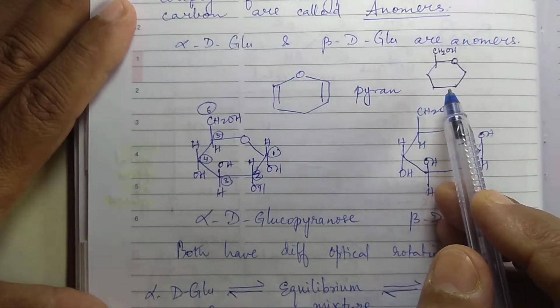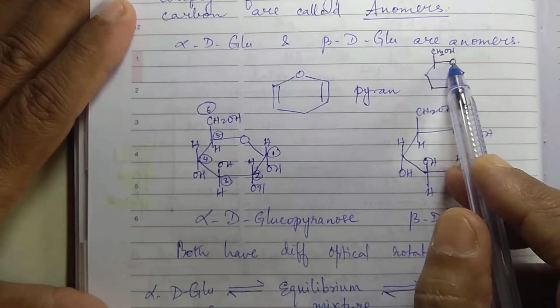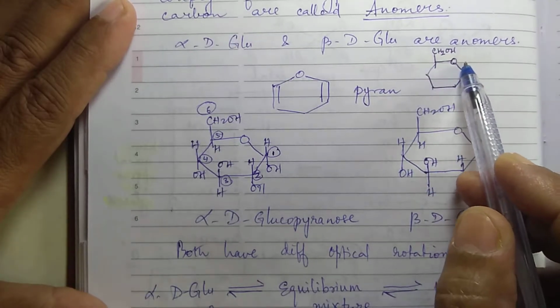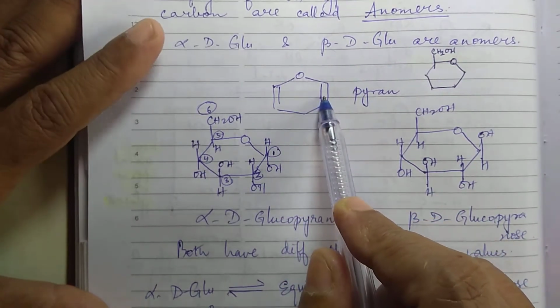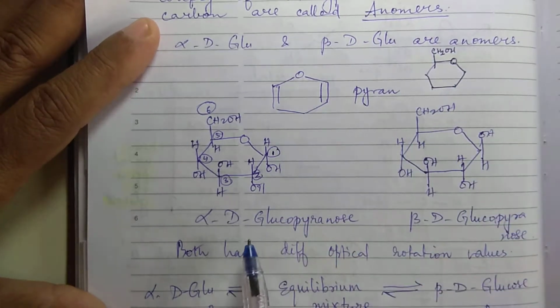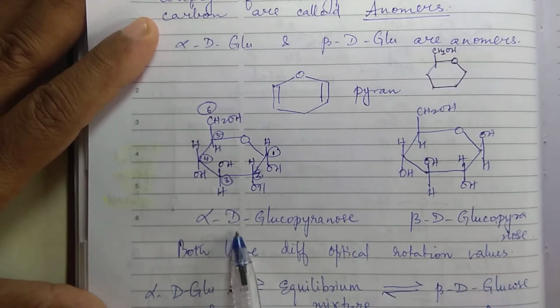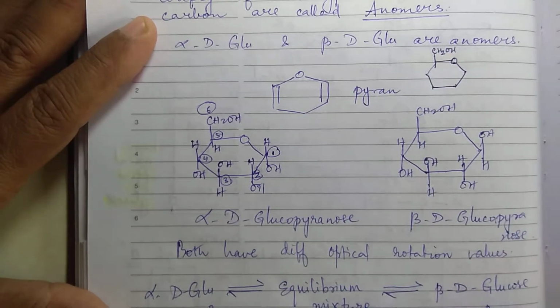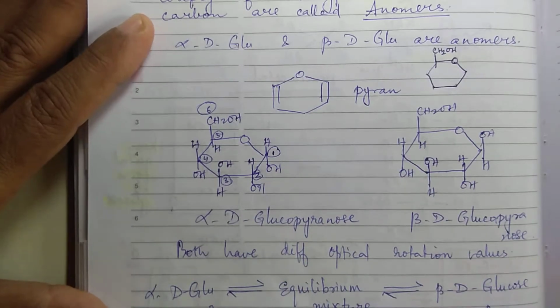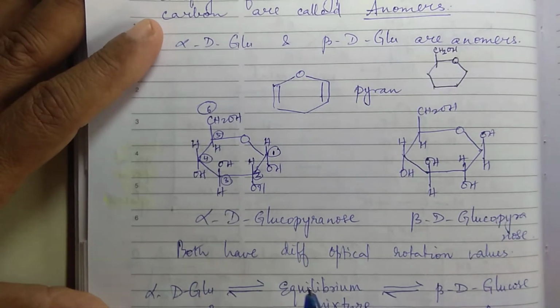And this structure, that is oxygen with 5 carbons, is similar to that of pyran structure. Of course, no double bond is there, right? So we call this alpha D glucopyranose and beta D glucopyranose. You can also call it alpha D glucose and beta D glucose, no problem.